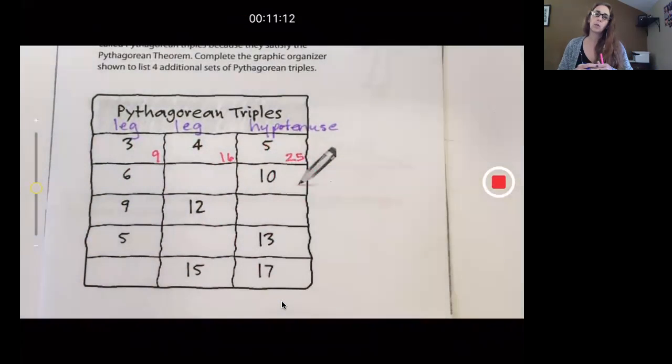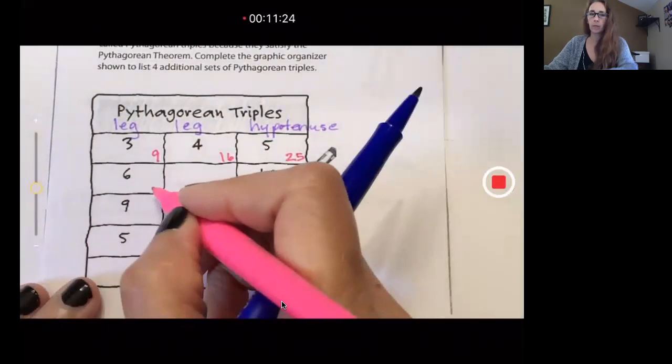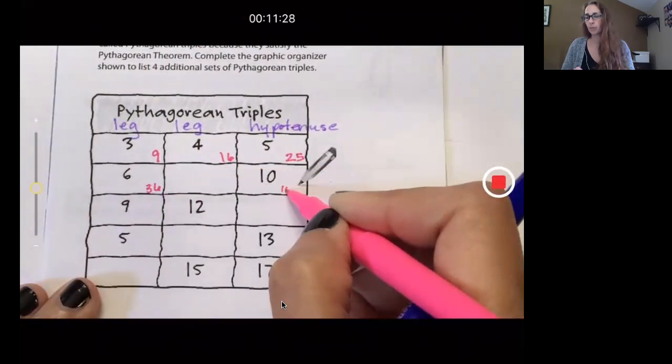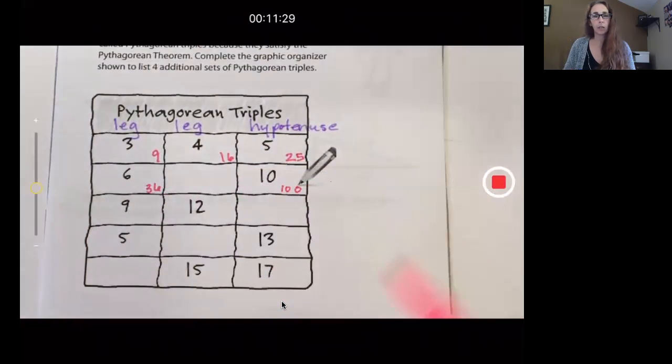So here, this is where we're going to have to do some subtraction to figure out that missing number. So again, 6 squared, 36, 10 squared is 100. So to figure this out, 100 minus 36 gives you what?